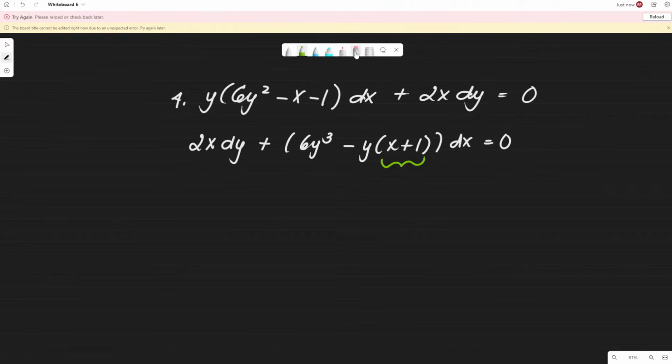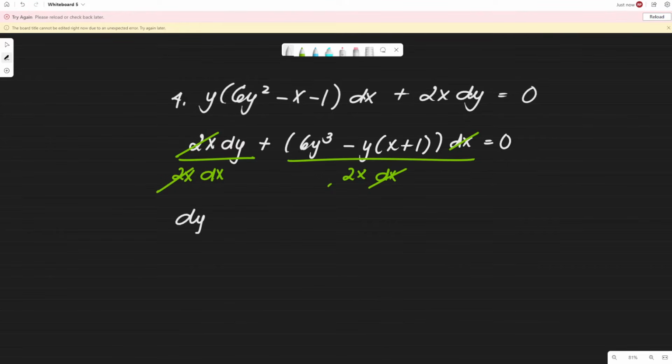So we divide both sides by dx, and let's also put 2x. So 2x cancels here, and dx cancels here. Therefore, we have dy over dx. Then I'll first put this negative y times x plus 1 over 2x.